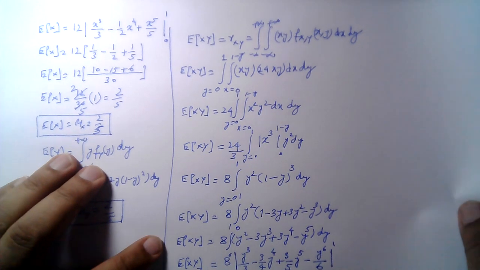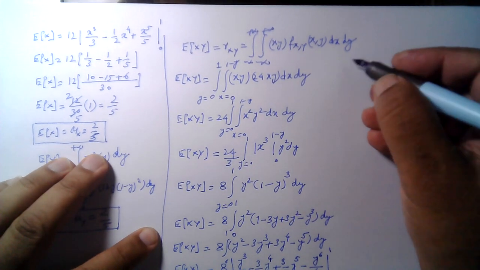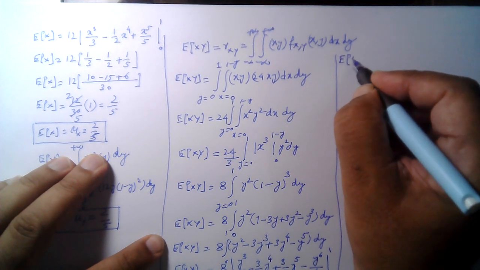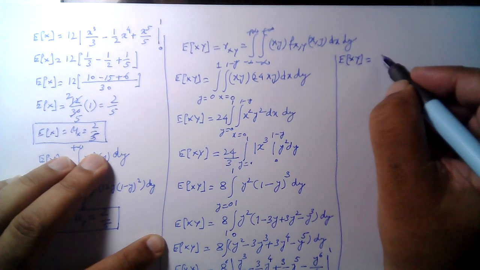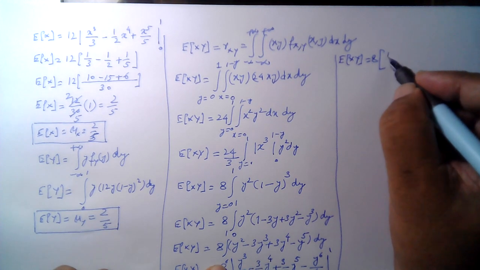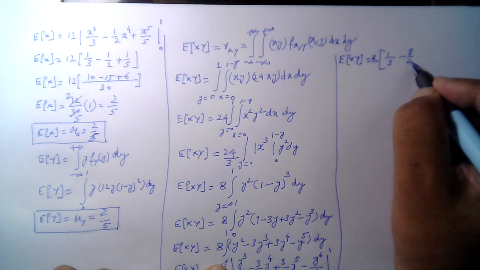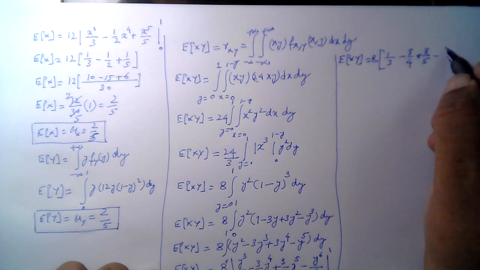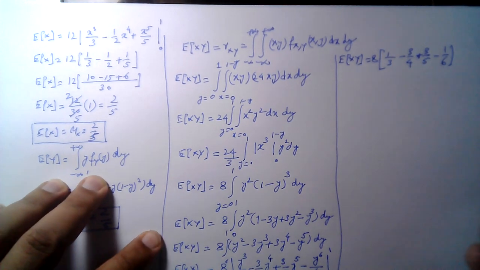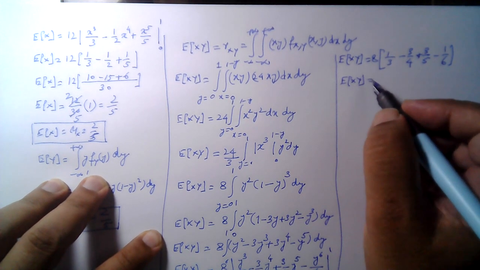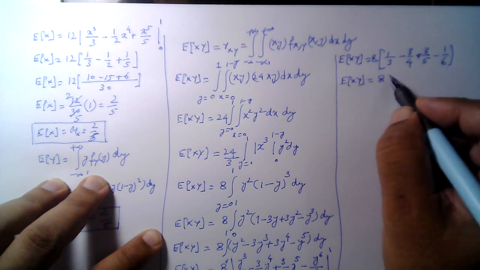So the expected value of xy is given by 8, and we're putting the limits now. This is 1 over 3 minus 3 over 4 plus 3 over 5 minus 1 over 6, minus 0.